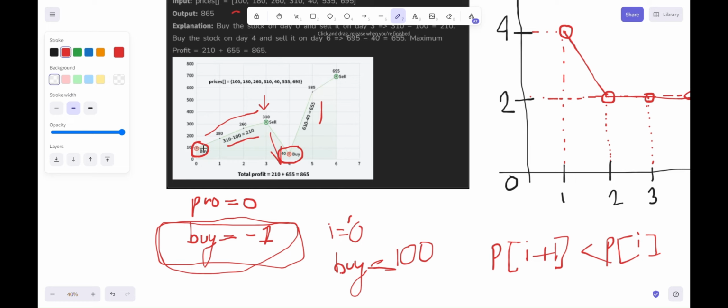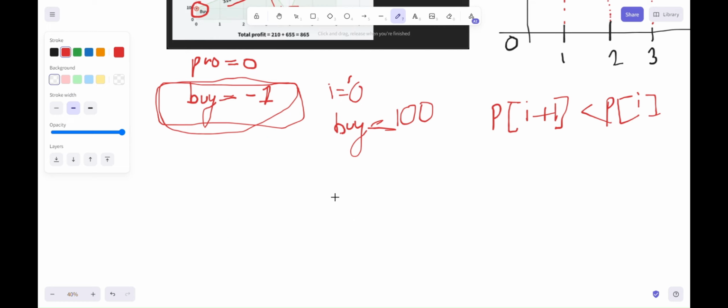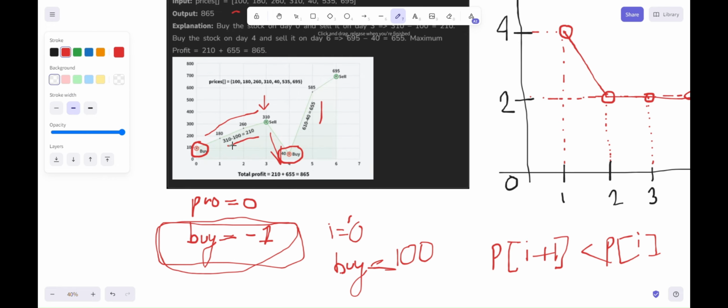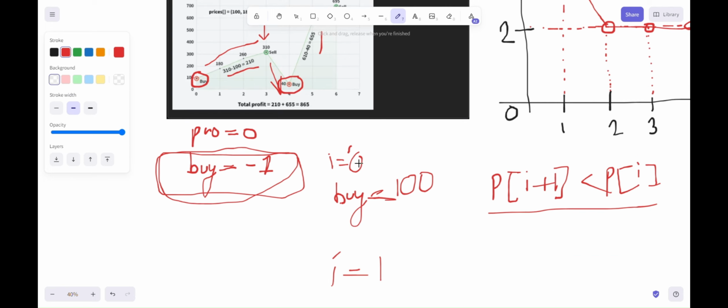So now we are at 180 where i equals 1. Now we will check the same condition here. Is the next lesser? No. So we will continue to the next.